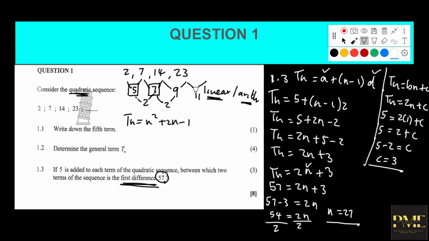So it means that when n is 27 for a first difference, that 27 is found between your 27th term and your 28th term. So that is why in the question, between which two terms of the sequence is the first difference 57, it means that is true between term 27 and term 28, guys.